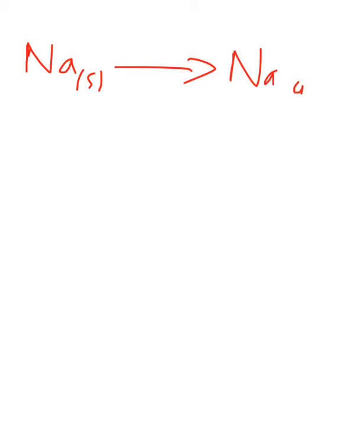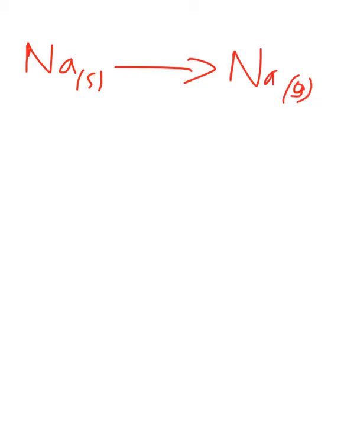Now, if for example we had sodium in the solid state, how would ionization take place over here? First, sodium would be converted to sodium in the gaseous state.